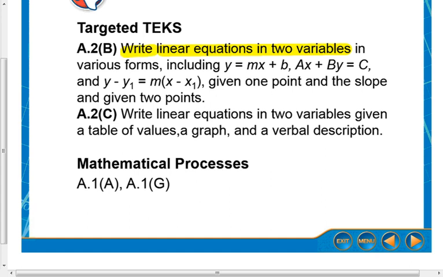We're going to write linear equations. We're going to have multiple forms. And today what we're really going to focus on is given 1 point and the slope, and maybe even if we're given 2 points.